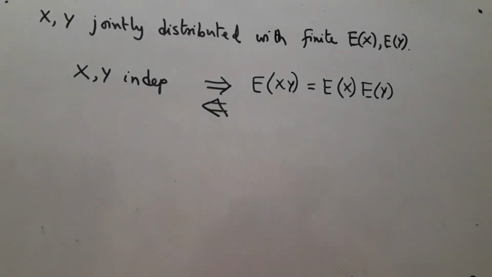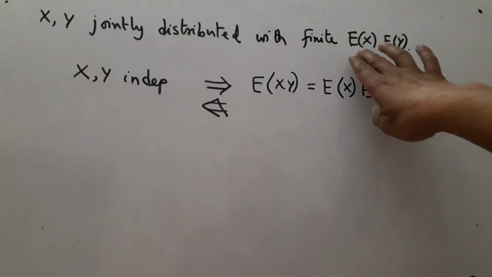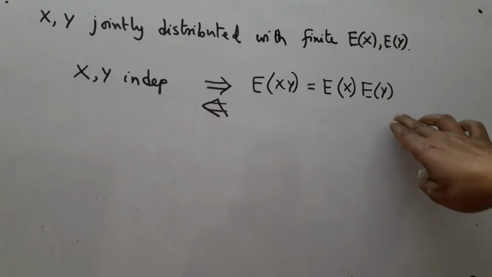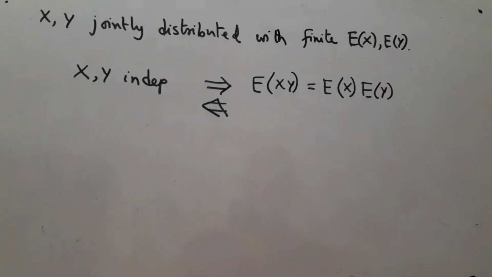Even if X, Y are jointly distributed with finite expectation of X, finite expectation of Y, and this is also finite and this equality holds, still X and Y need not be independent. We had already seen counterexamples of this when we worked with discrete random variables, and the situation is not going to mend even when they have got joint density. We are going to see a counterexample in the exercise.